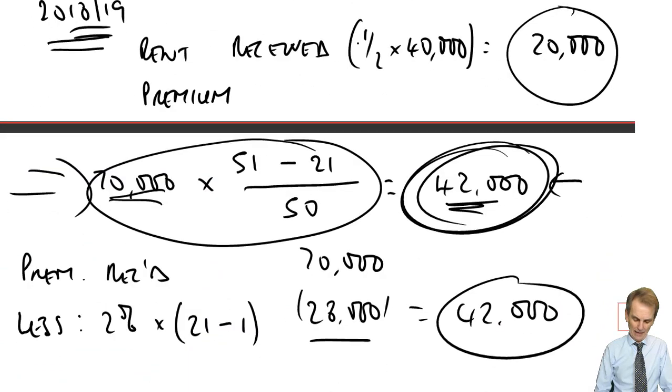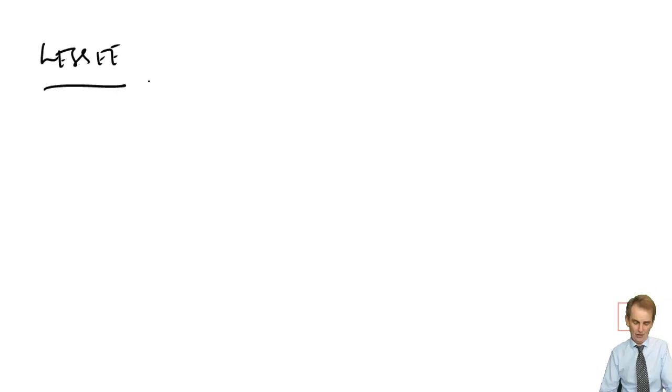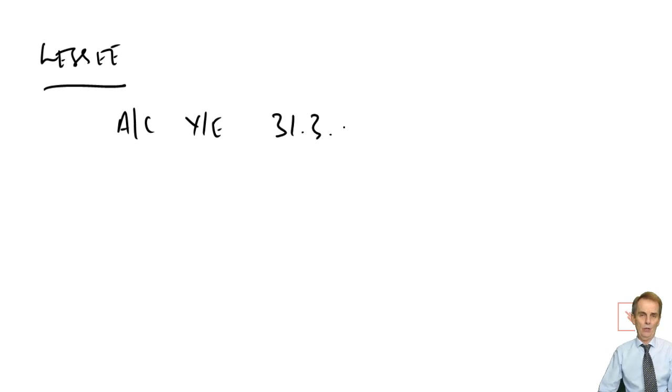Right, let's have a look now at the lessee. The first thing we need to know for the lessee is which accounting date we are dealing with. In which accounting period does this lease premium fall? You'd be told this in the question, you don't have to make it up. You are told that the lessee's business prepared accounts to the year ended 31st of March.